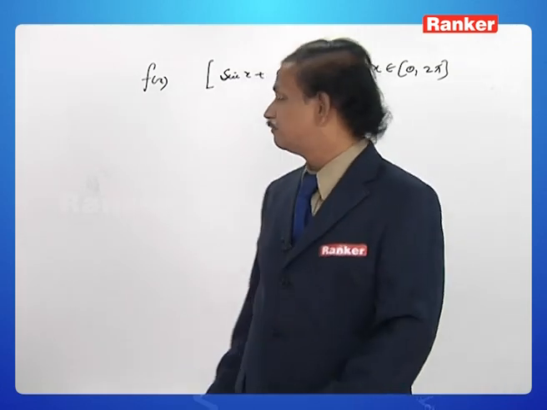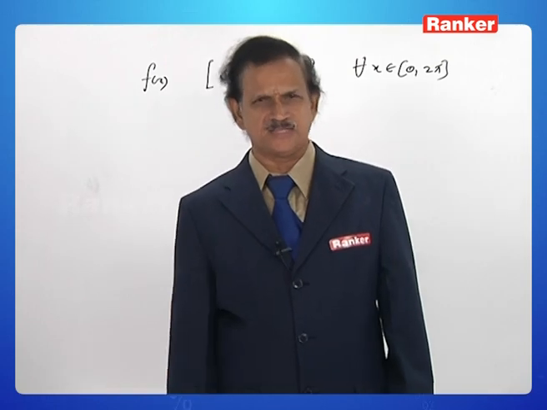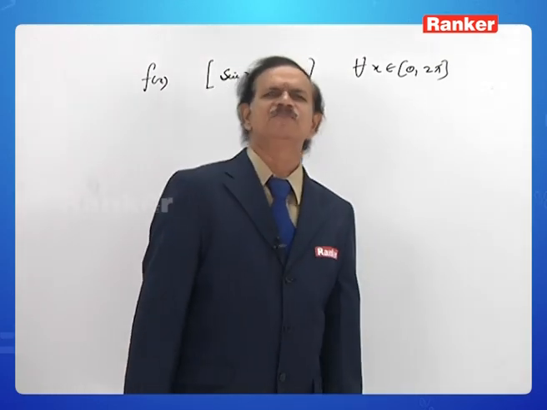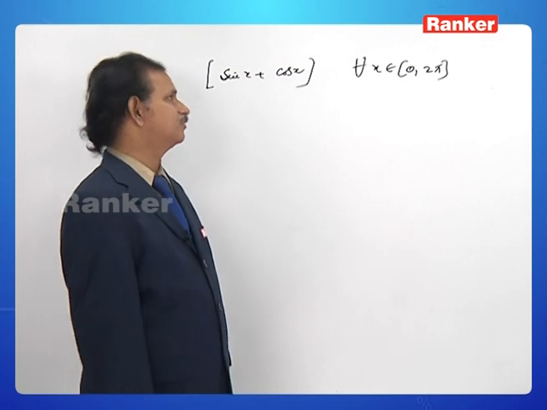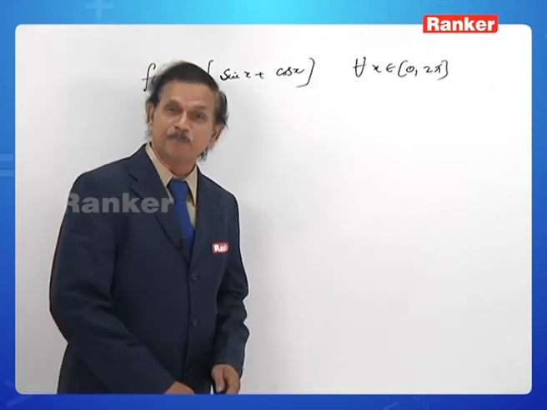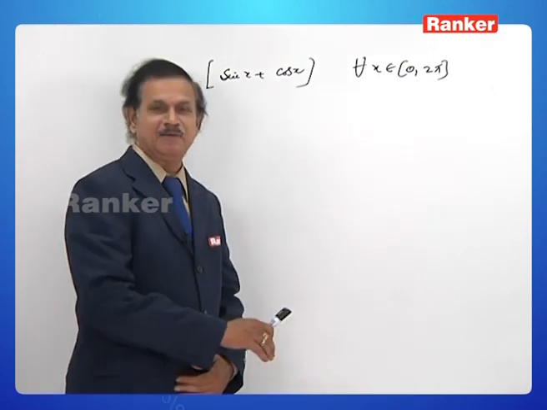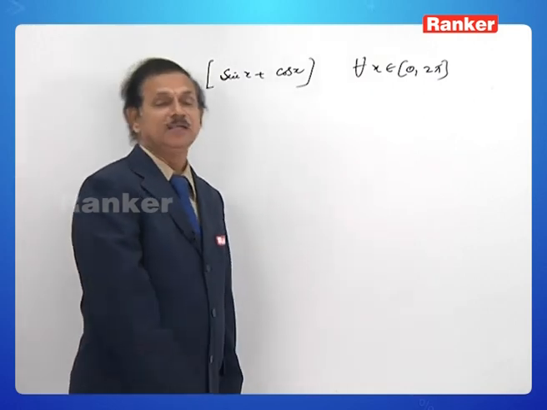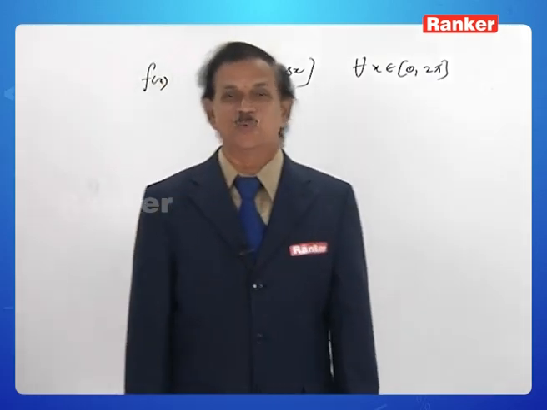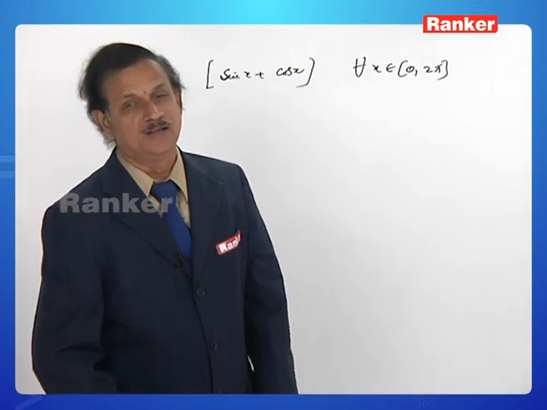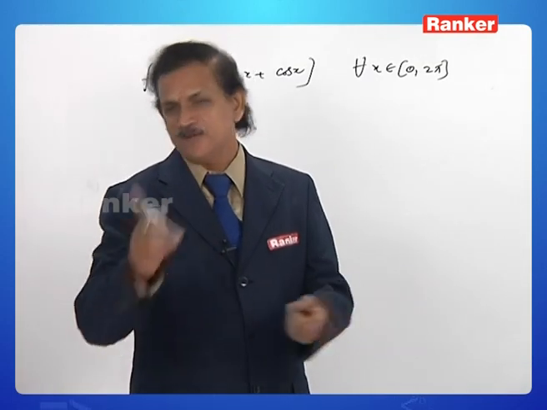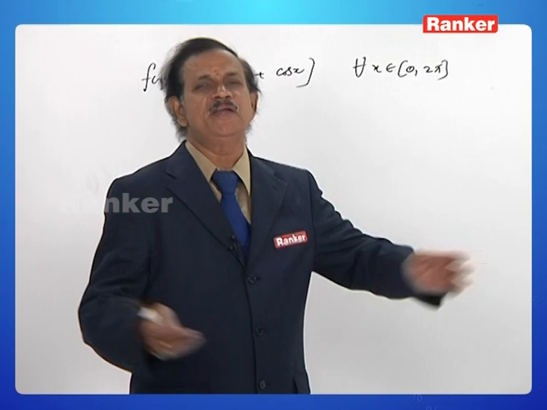You can easily verify in the continuity we come across this problem. But now the same problem has been asked in derivability. He is asking about the points at which f of x is not derivable. Is it a new work? No. The work has already been done.